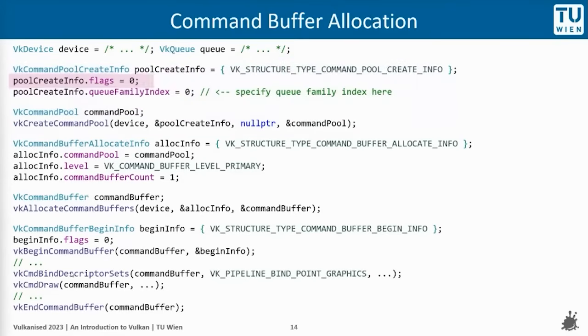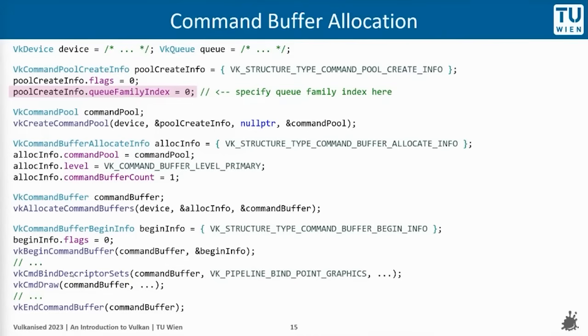There are certain flags for a pool, which we won't need during the tutorial, but I know there are flags for only short-lived command buffers, so we only use once, or some that we want to reuse, so the pool offers some flags for them. And also during command buffer allocation, there are flags for that purpose. But what is really important here, we have to specify which queue family we would like to send those command buffers to.